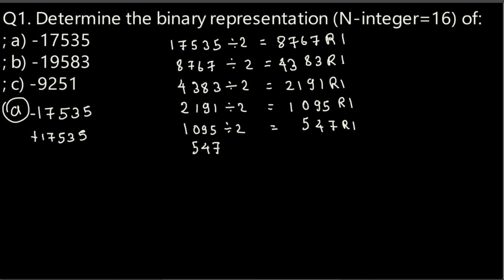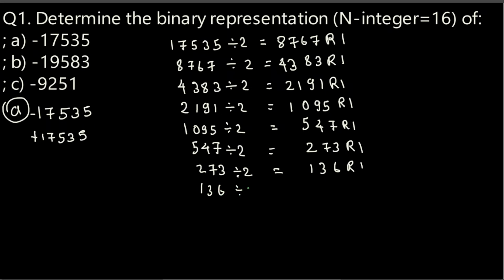547 divided by 2 gives us 273, and the remainder is 1. Then 273 divided by 2 gives us 136, and the remainder is 1. Then 136 divided by 2 is 68, and the remainder is 0.